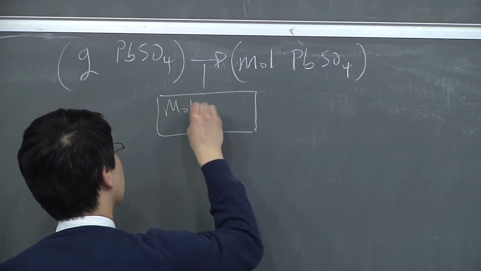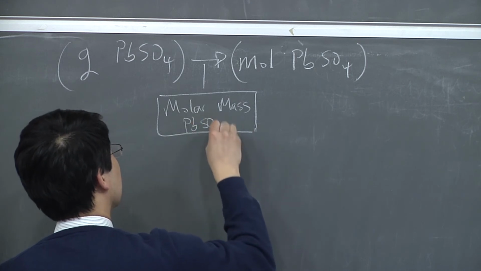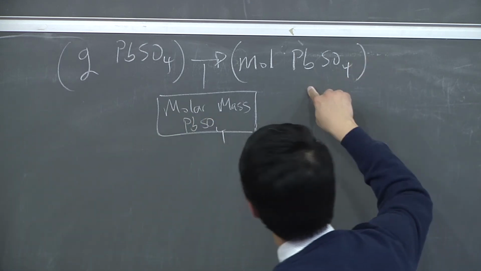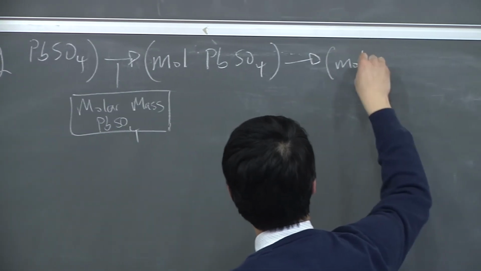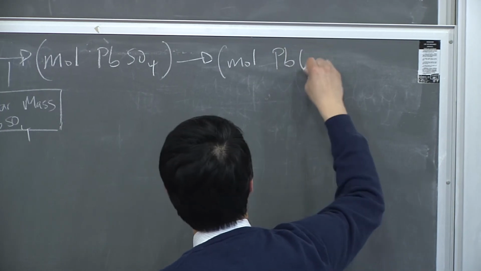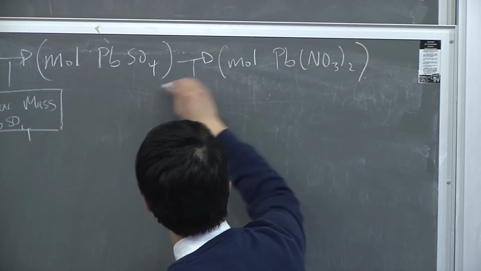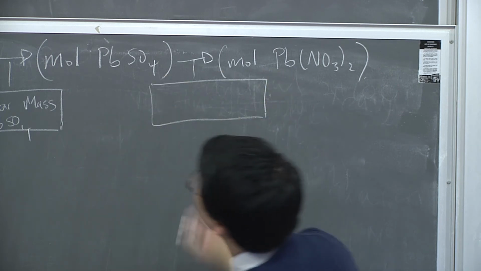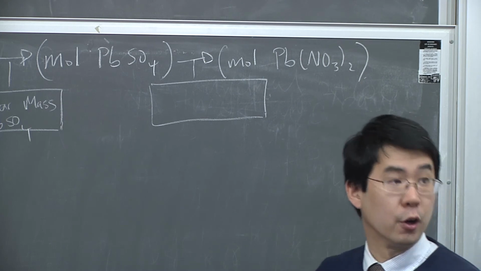Molar mass of PbSO4. From moles of PbSO4, we're going to go to moles of PbNO3 twice. To do that, what are we going to use? Mole ratio, coefficients.